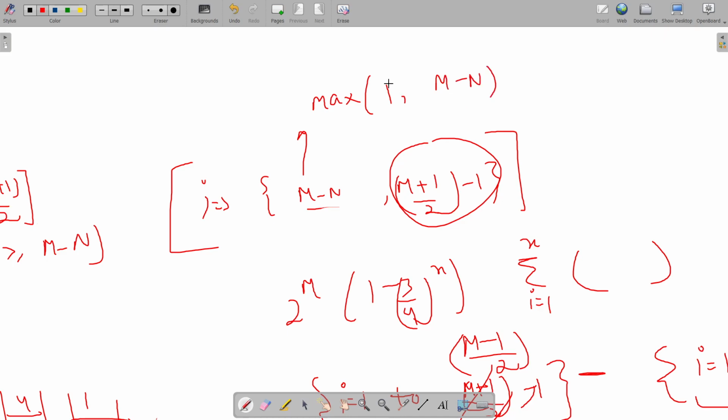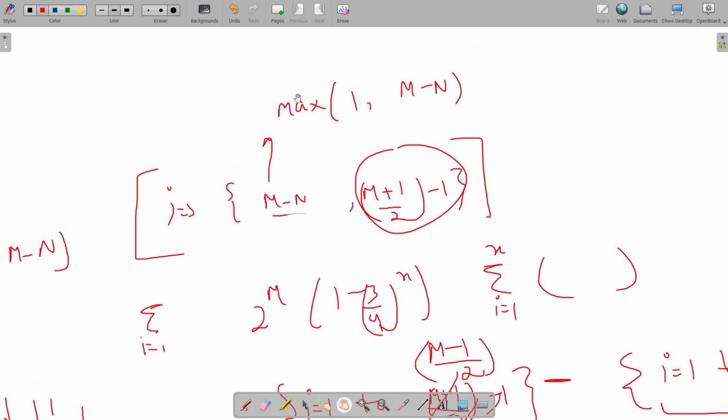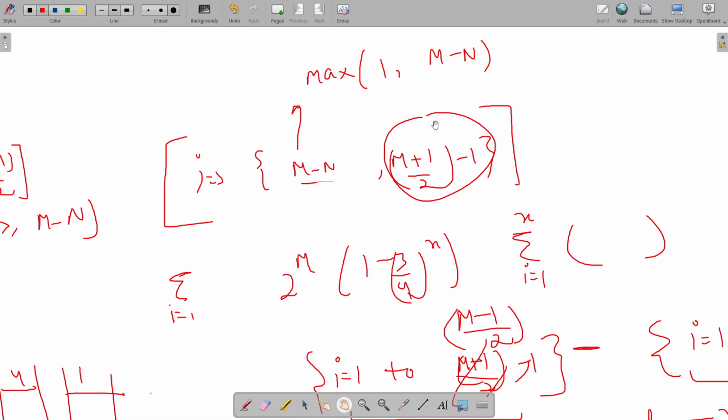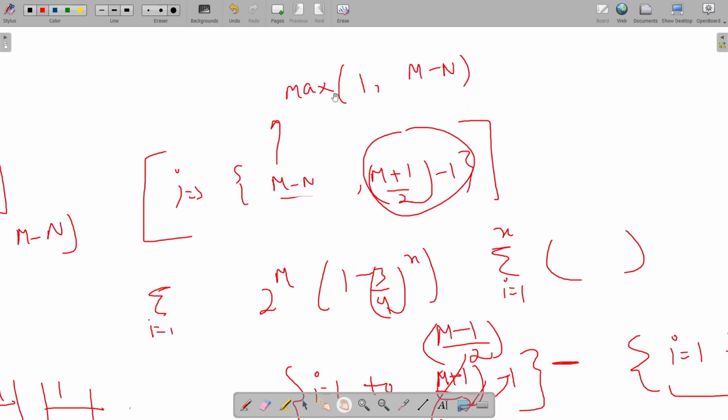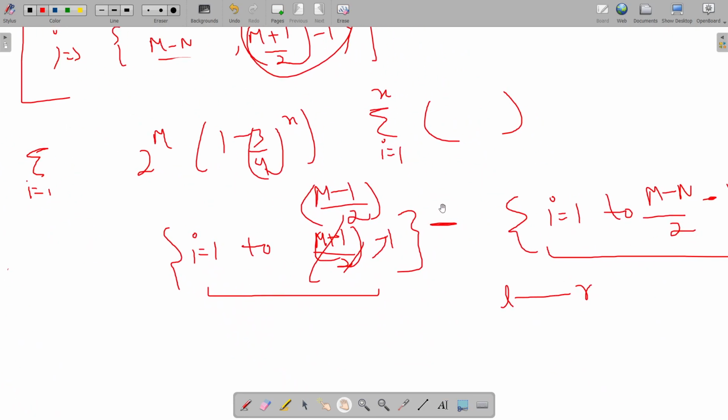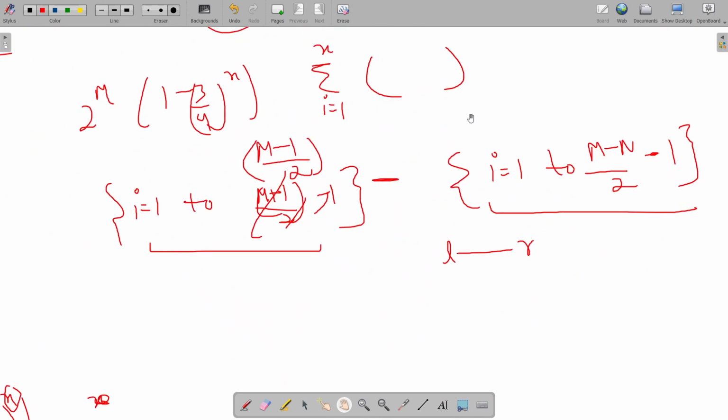Because the smallest value of x possible is 1, because you're taking the summation from i equals 1 to some place. Anyways, this you can handle separately. This is actually the proper range. I did this so that I could easily represent it in this formula.